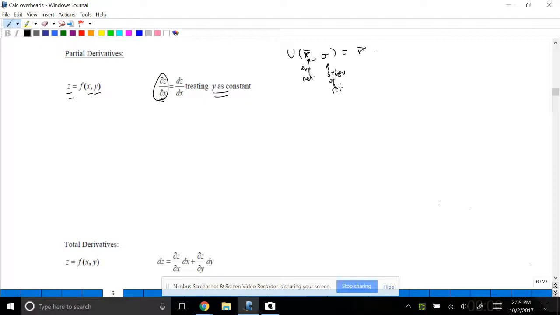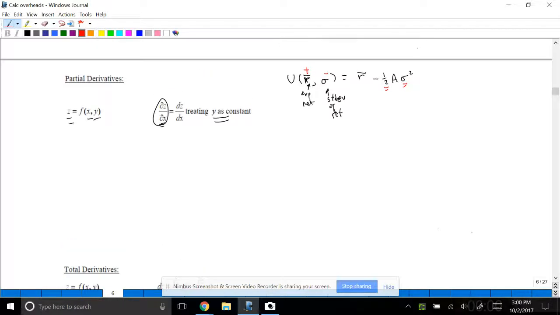So what we have here is expected return minus 1/2 A times the variance, standard deviation squared. All right, so what we see here is that if we take the derivative, as expected return goes up, utility increases, and as volatility goes up, utility decreases. So this half is just for convenience.